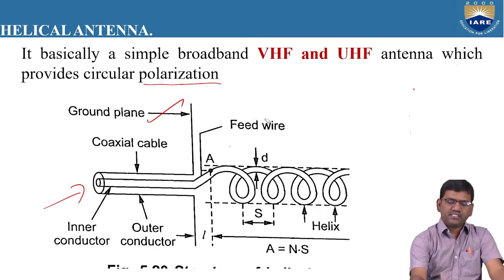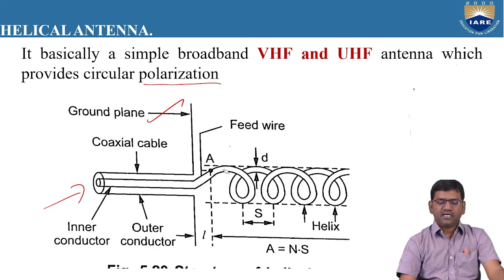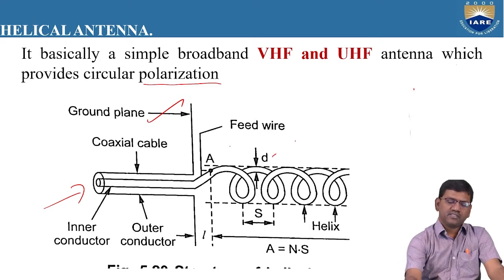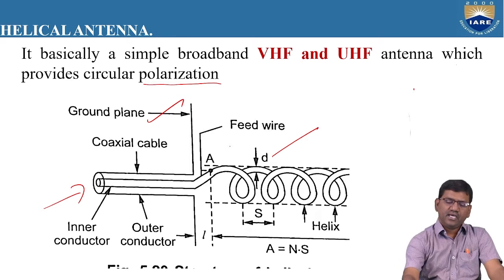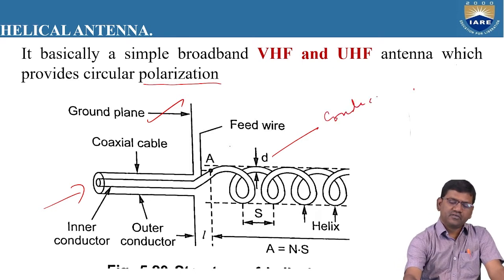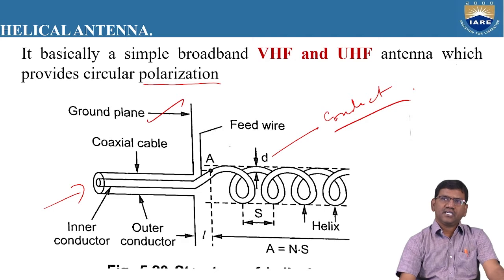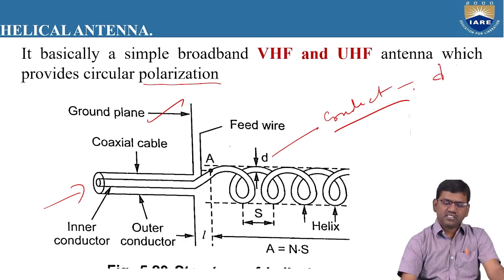Here small d represents the diameter of the conductor, and capital D represents the diameter of the loop or diameter of one turn. So the diameter of the turns we represent as capital D, and the diameter of the conductor which we use for designing the helical antenna is called small d.